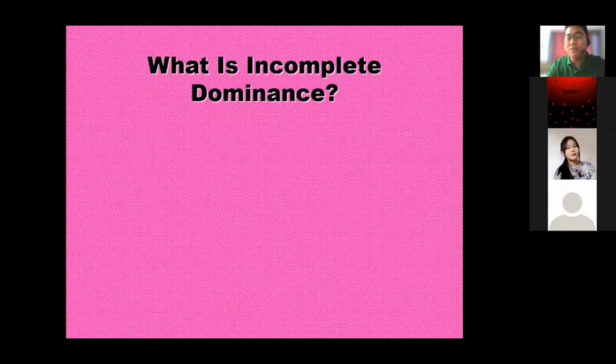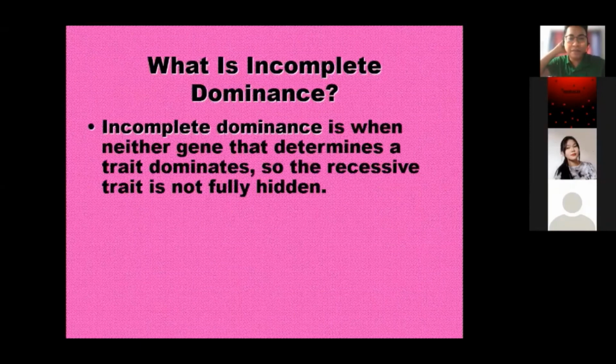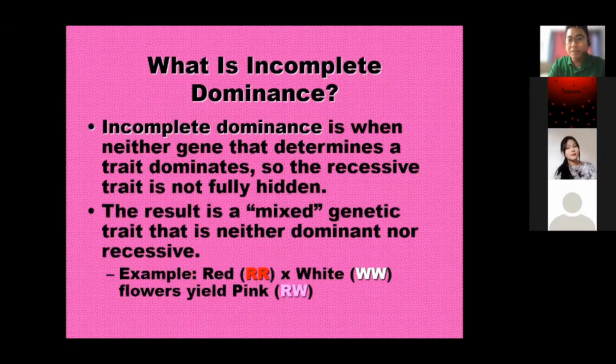Okay, so what is incomplete dominance? So incomplete dominance naman is when neither gene that determines a trait dominates, so the recessive trait is not fully hidden. So hindi ibig sabihin na incomplete dominance, kasi nga this is just an example na kung saan makikita pa rin ang recessive gene niya. So example, nag-mix tayo ng genetic trait that is neither dominant nor recessive.